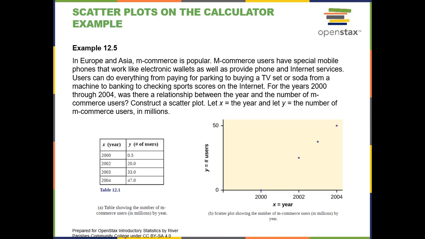For years 2000 through 2004, what was the relationship between the year and the number of M-commerce users? Construct a scatter plot with X equal to the year and Y equal to the number of M-commerce users in millions.